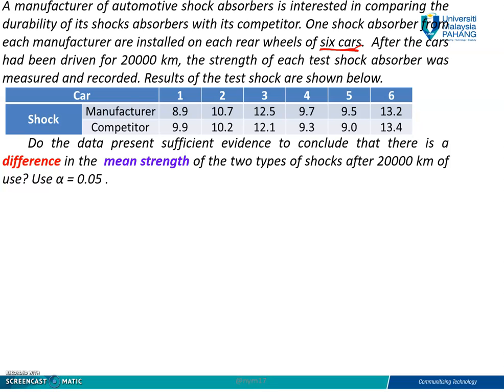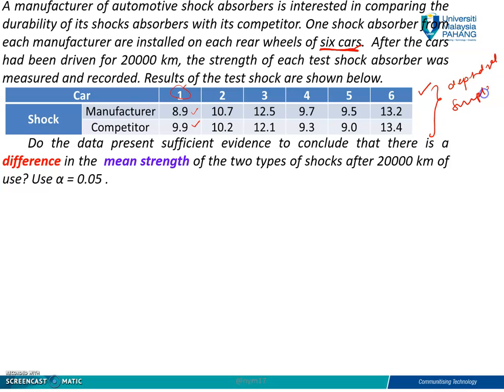measured and recorded. The results of the test are shown below. So you can see the data here: you have 6 cars, and from one car you have 2 measurements. Okay, so this is very important. When you have this kind of data, this shows you your data is a dependent sample.